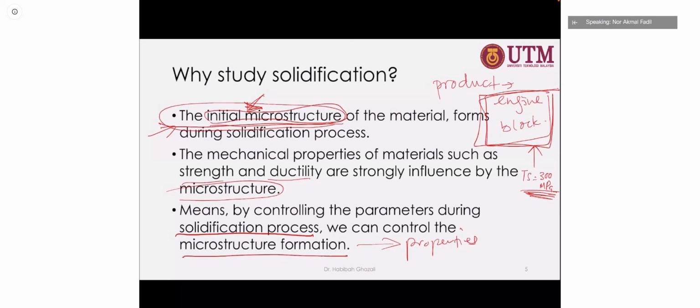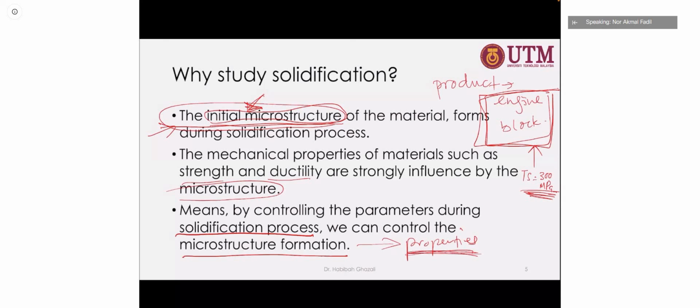There are several functions of this engine block. It must support a certain load. So the requirement to do the function is the material properties.